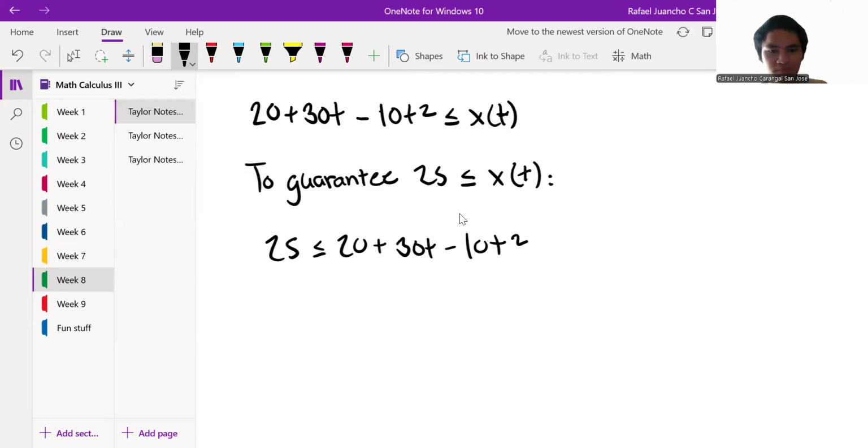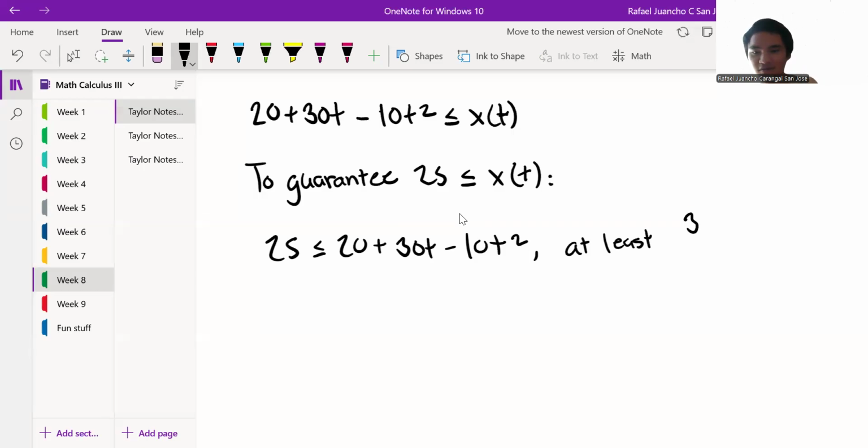Okay. And if we solve this for t, I'm not gonna solve for t here. We just do the quadratic formula and that's it.